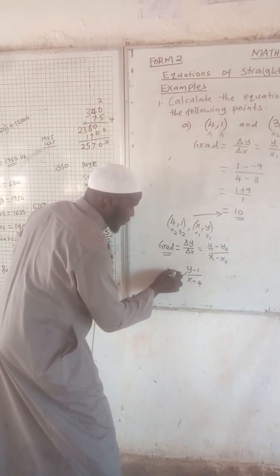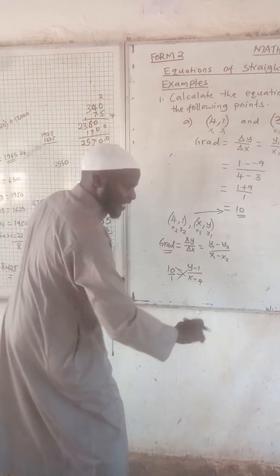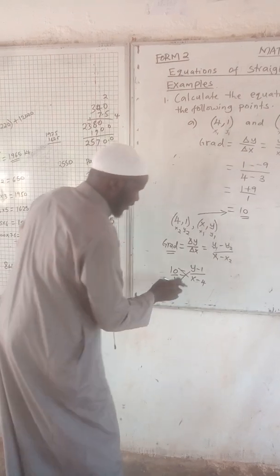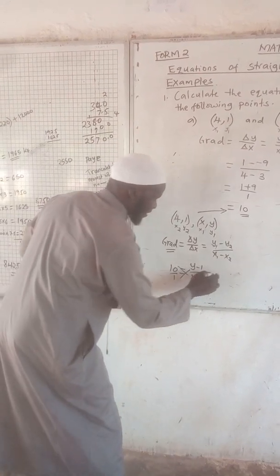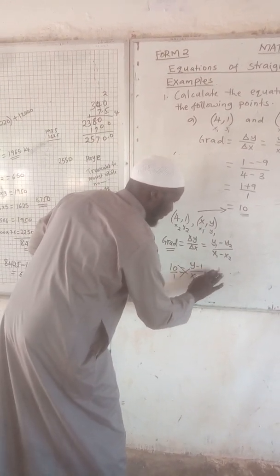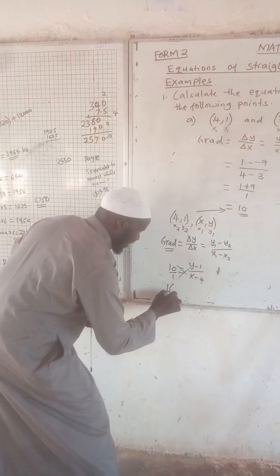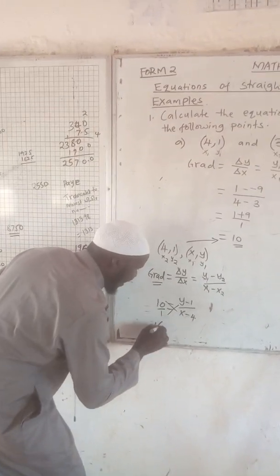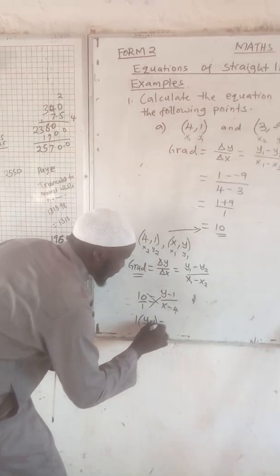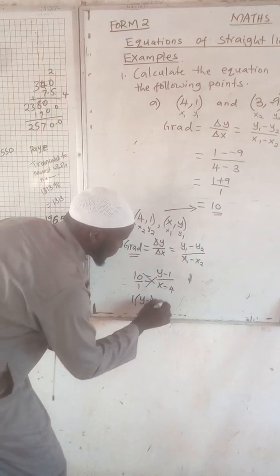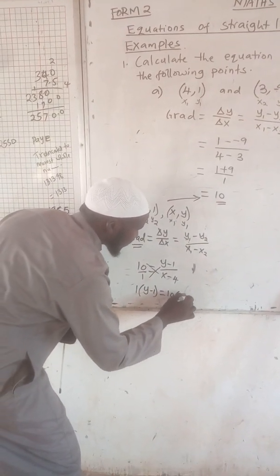Then you do cross multiplication. So it will be 1 times this: 1 into y minus 1 is equal to 10 into x minus 4.